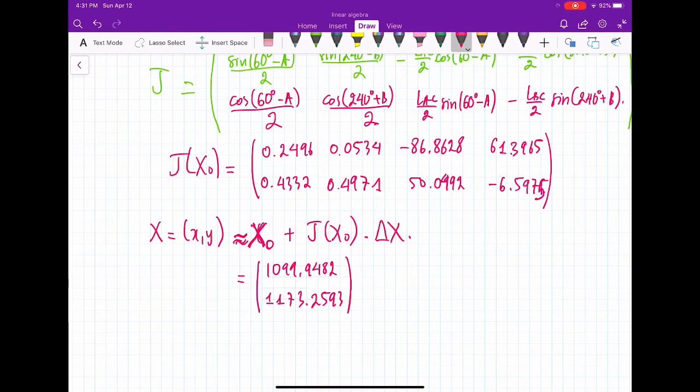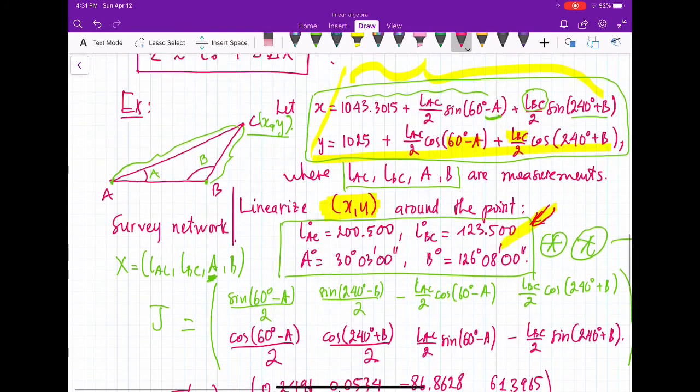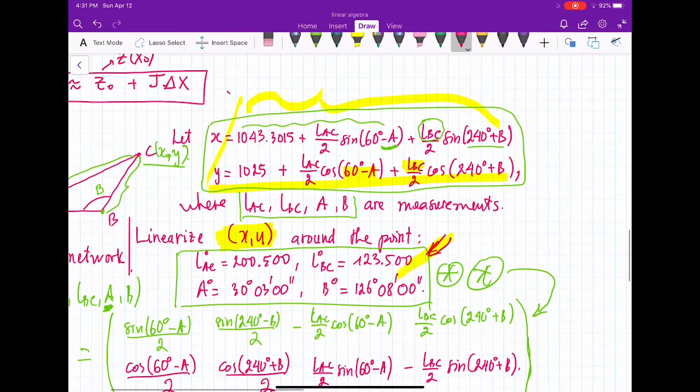Okay, that is x0. Again, how to find x0? In order to find x0, you have to plug all coordinates right here, the given point, into the original functions to find x0, y0.